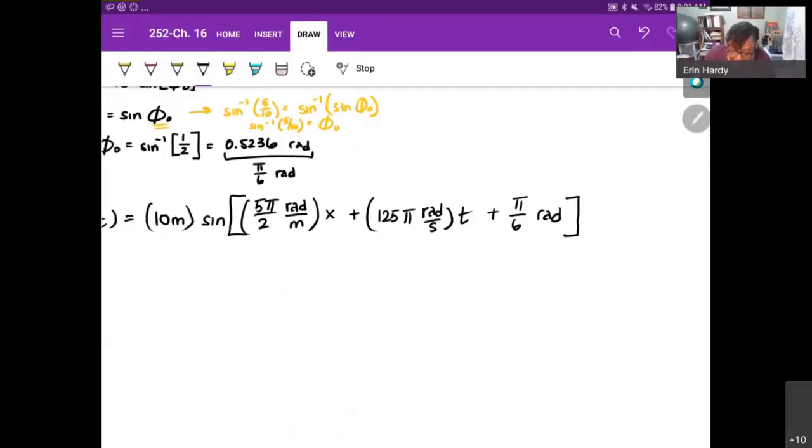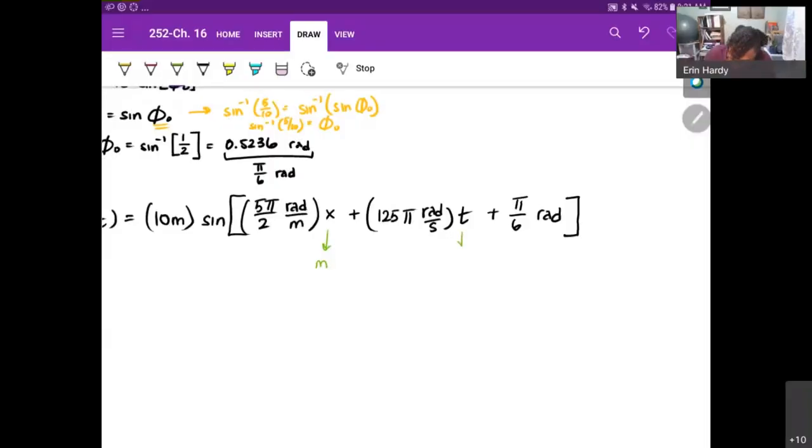And again, just to highlight, the units of everything inside of the square bracket are basically going to drop down to just radian, because I have a position in meters that, when multiplied by 5 pi over 2 radian per meter, is just going to leave me with radian.